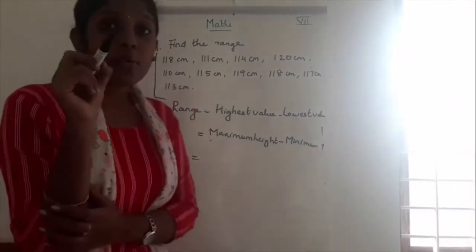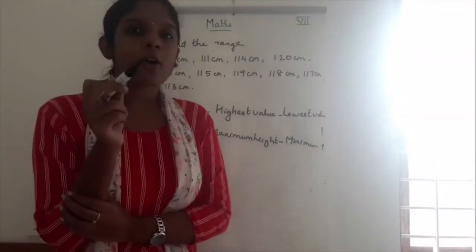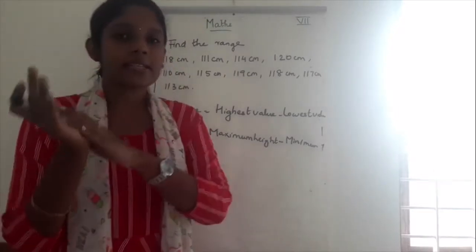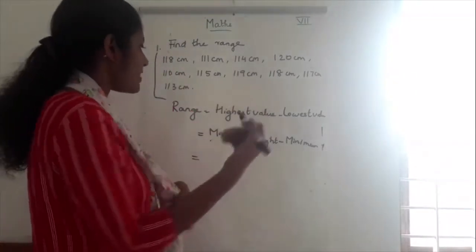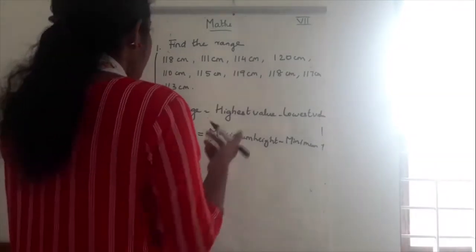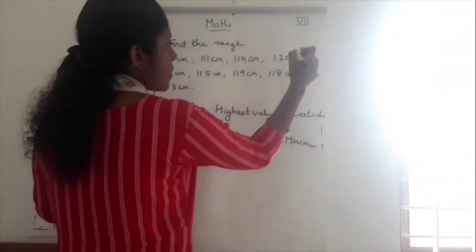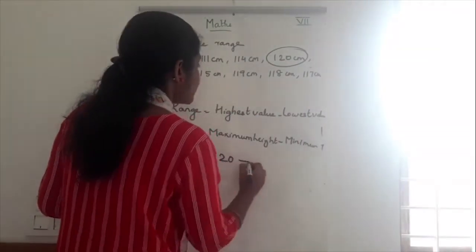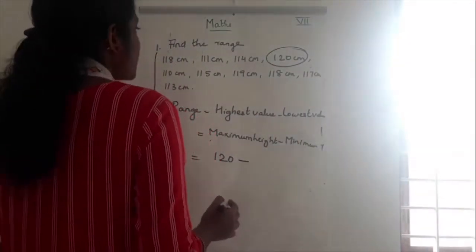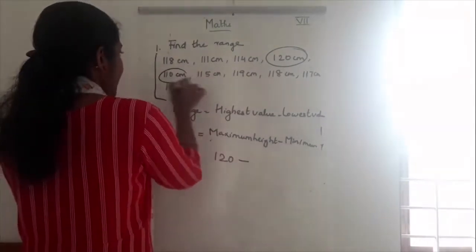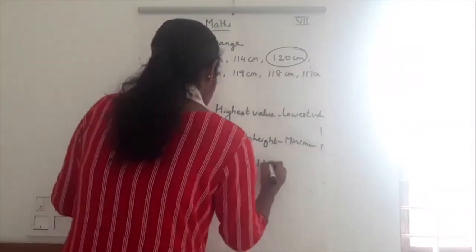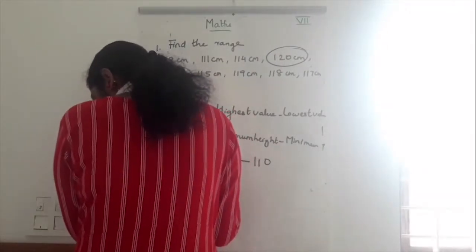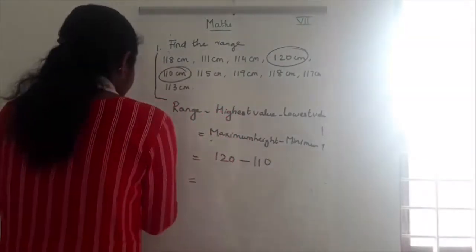One way is you can arrange in ascending order, from the smallest to the greatest number, and find the maximum and minimum. So here I am finding the maximum value. The maximum value is 120 centimeter. 120 minus the minimum value, that is 110, which is the minimum value. So 120 minus 110 you can find out.